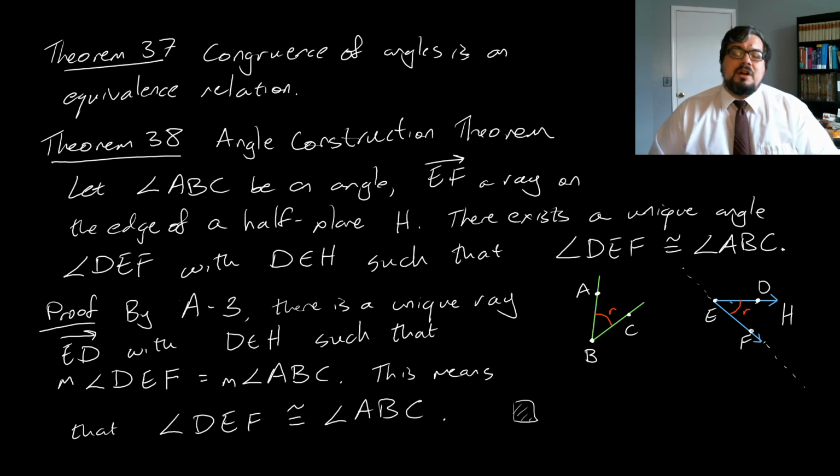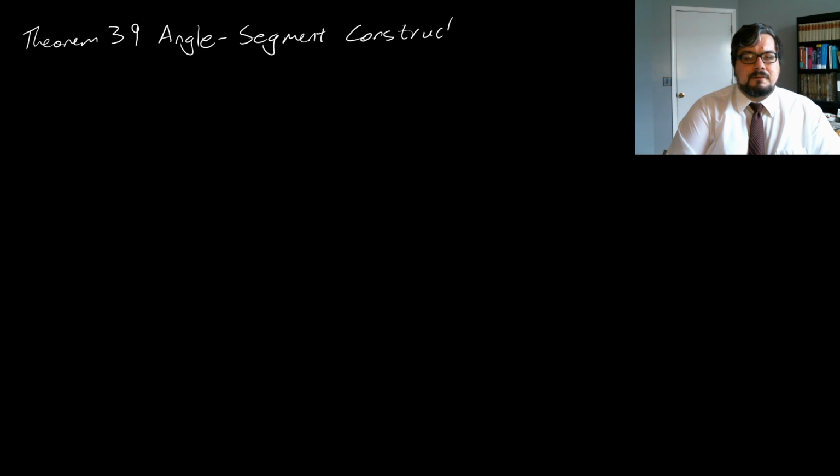And earlier we also had the segment construction theorem, which says that given a ray and a segment from somewhere else, you can always construct a segment on that ray which is congruent to the segment that you started with. We're going to combine those together into theorem 39, which I call the angle segment construction theorem. I'm not sure anyone else does.